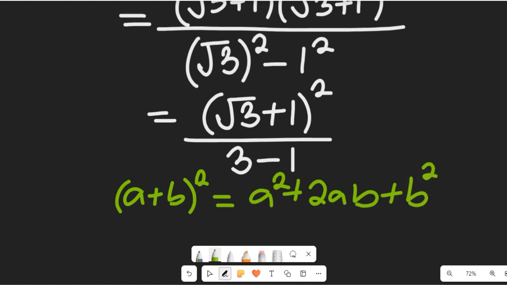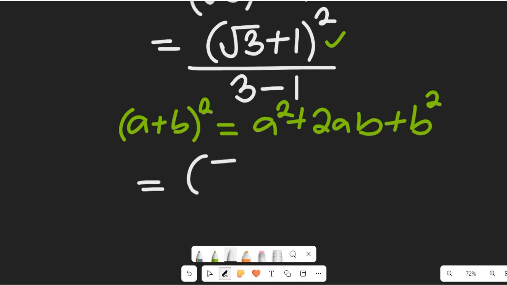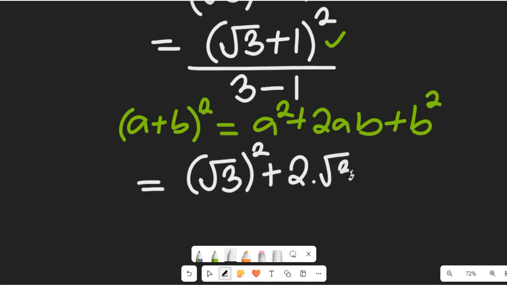If I use it to analyze the numerator, my a is root 3 and my b is 1. I'm going to have root 3 squared plus 2 multiplied by root 3 multiplied by 1 plus 1 squared.